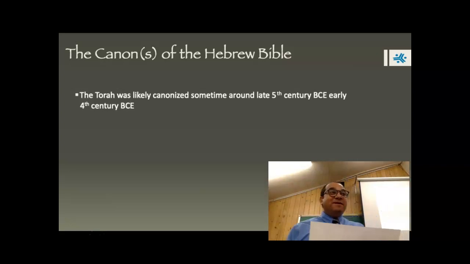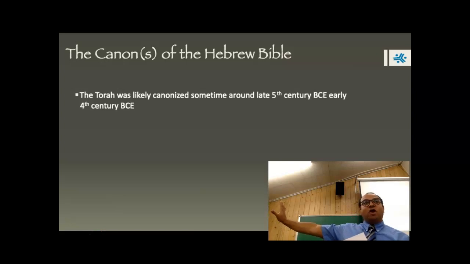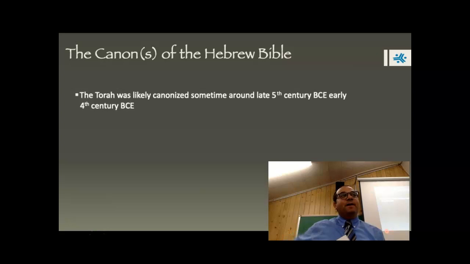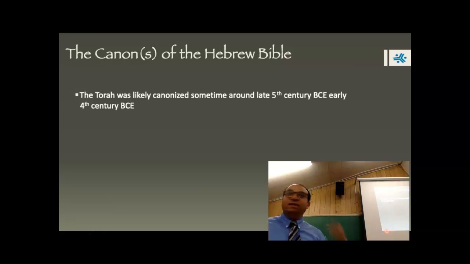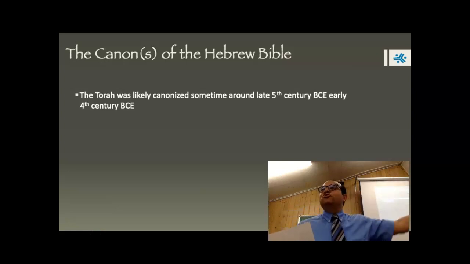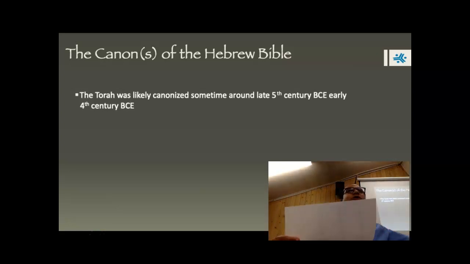So even the simple arrangement of books here has some sort of a theological component to it. In the Jewish canon, they are looking backward at God's faithfulness, who promised to bring them back to the land to which they were exiled. In the Protestant canon, which is, again, the order of the books based on the Septuagint, it's looking forward to a prophet like Elijah who is going to come, that we read in the book of Malachi.